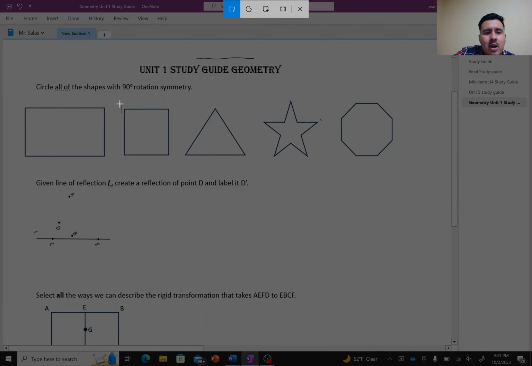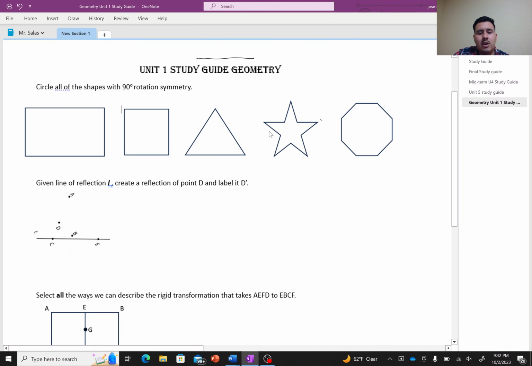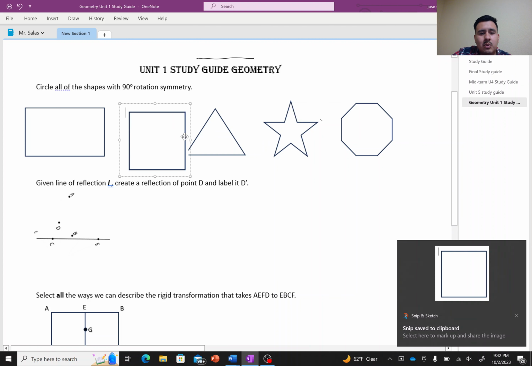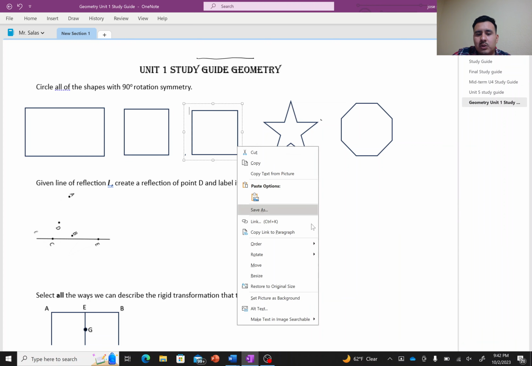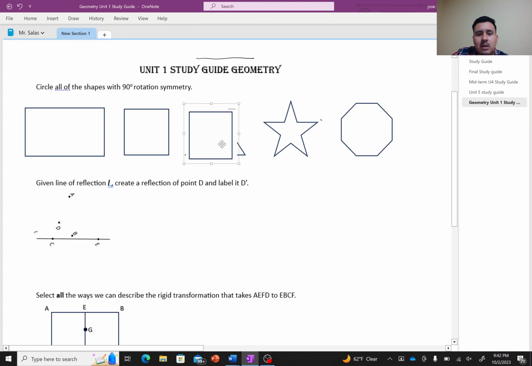What about a square? Let's do the same thing with our square. We have our square here, and we make a copy about the same size. Let's rotate it 90 degrees. Now does that look the same?